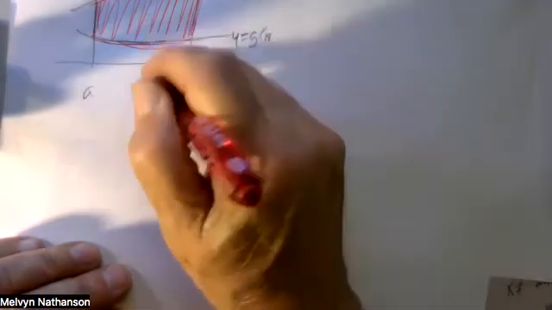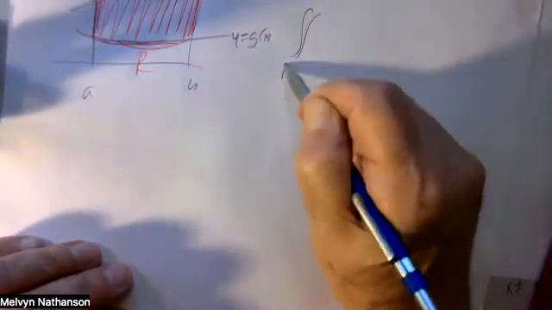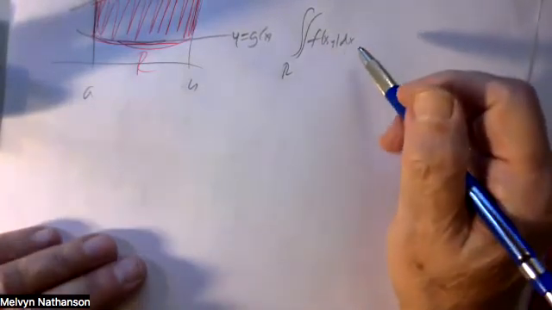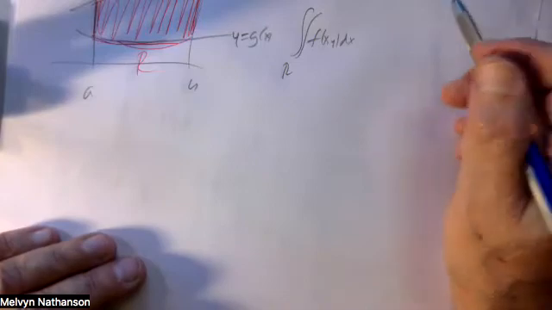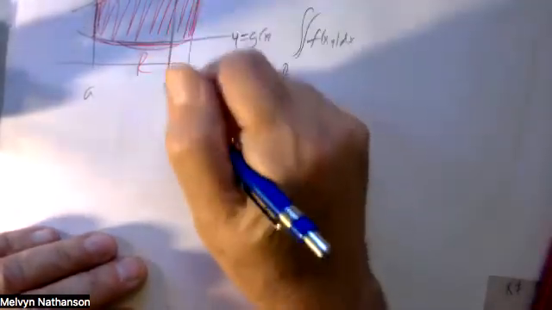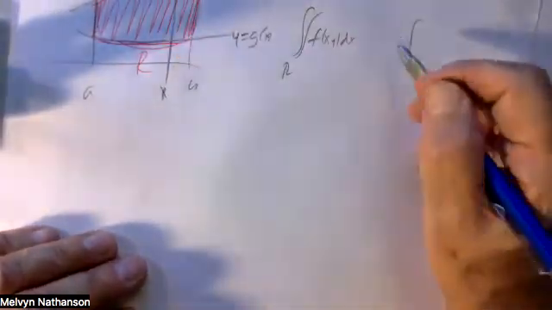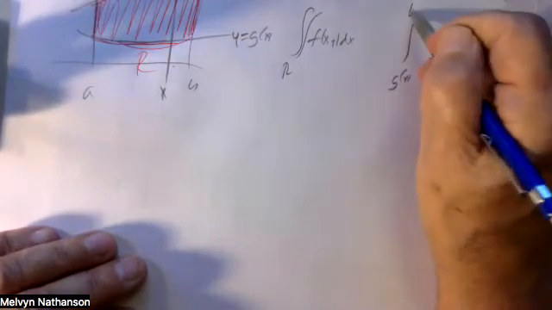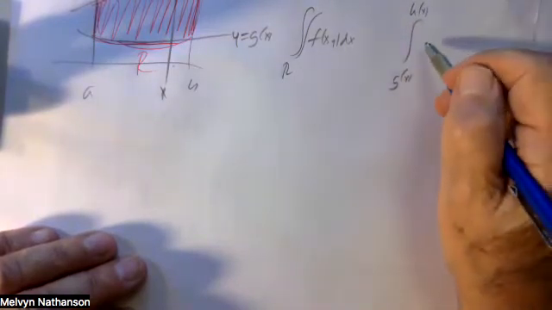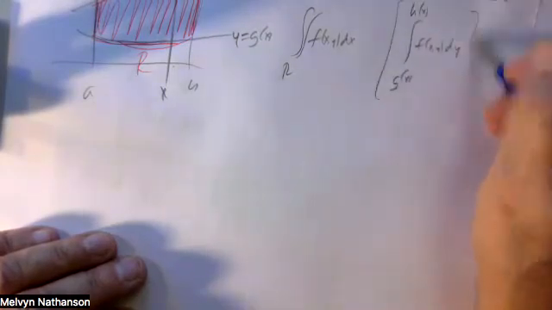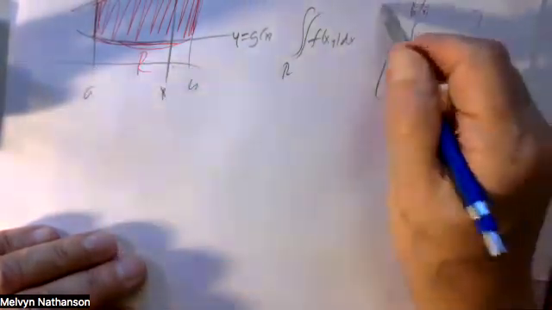And we can ask about the double integral over R of a function of two variables. And in this case, there's something which is, in some sense, natural about what to do. For each x, integrate from the bottom to the top along this vertical line, from g of x to h of x, f of x, y, dy, and then integrate that as x goes from a to b.